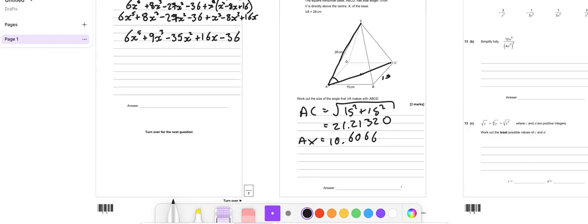which means the angle that we want is angle VAX. We've got adjacent and hypotenuse, so we've got cos VAX equals adjacent 10.6066 over the hypotenuse, which is 28.